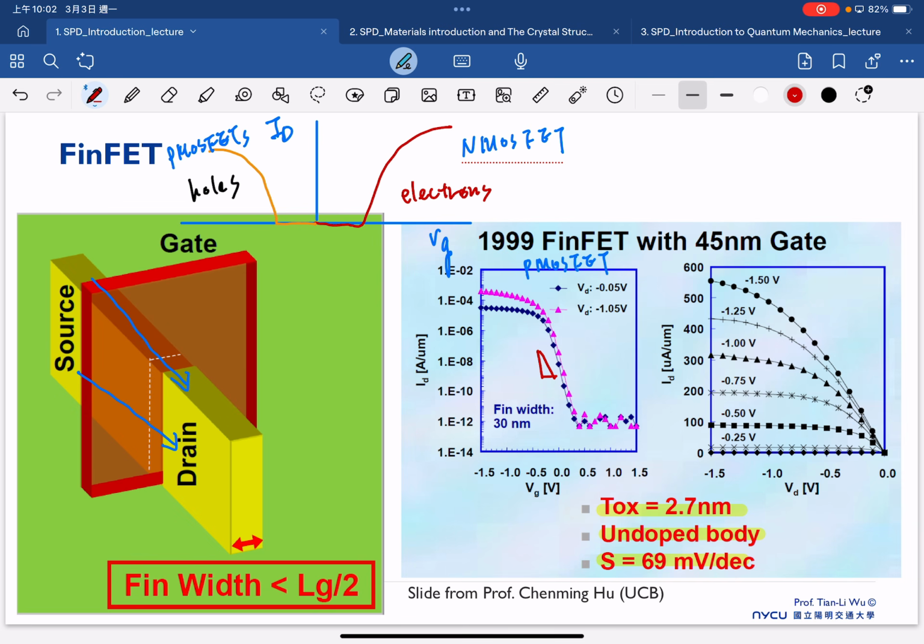That's what we call the subthreshold slope, which is 69 millivolt per decade, which is very good. Even nowadays, looking at commercial products, it is probably still around 70, sometimes below 60. It depends on the different technology.